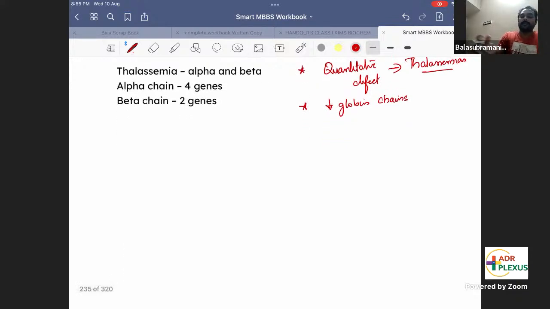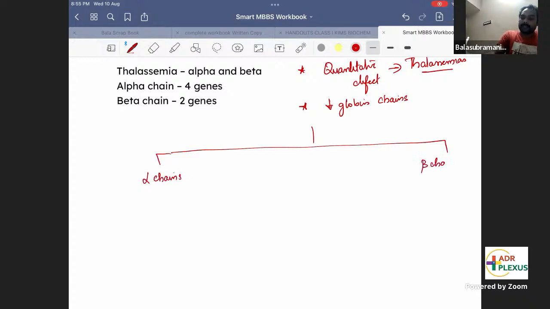Okay. So now that can be divided into two types: alpha chains or beta chains. So we need to know that the alpha chains are coded by 4 genes on chromosome 16.